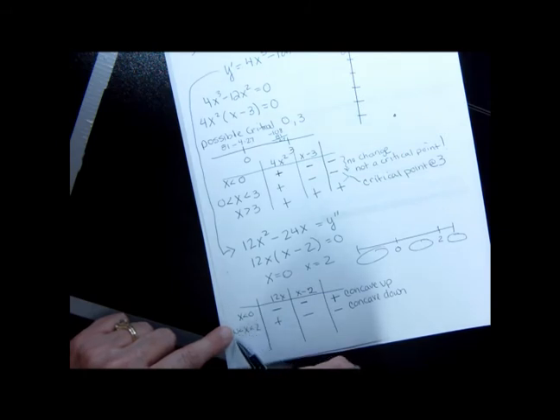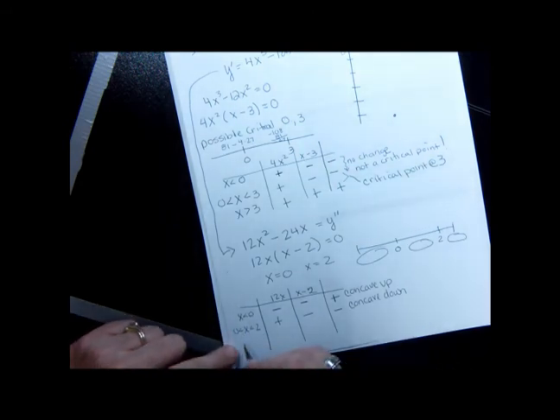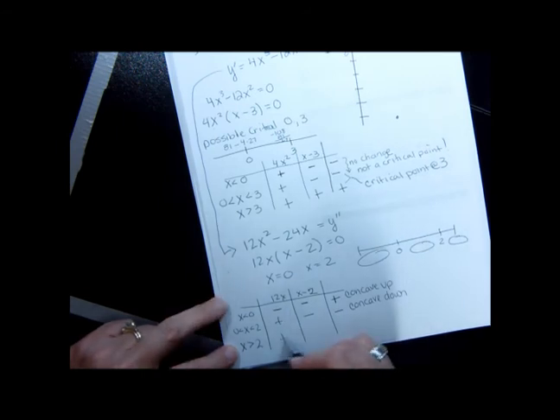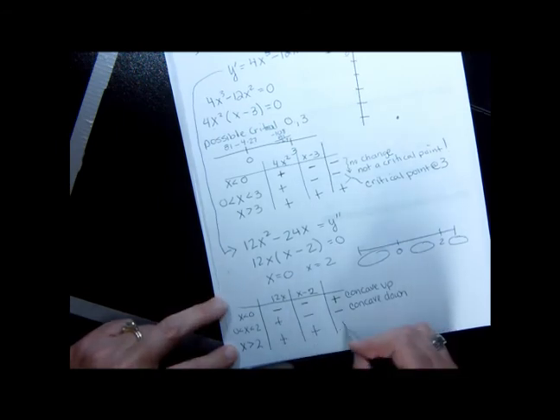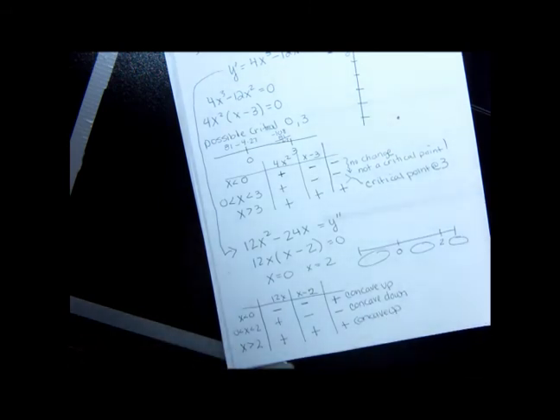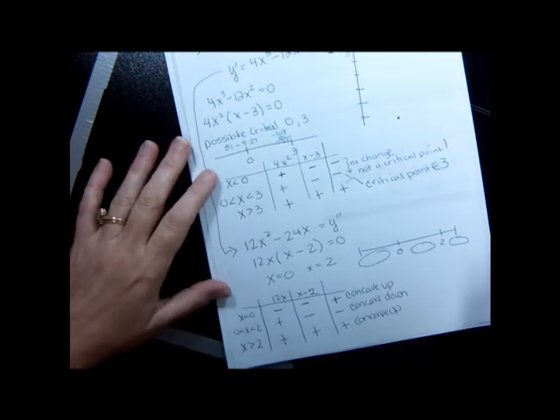It wasn't a critical point because it's an inflection point. Okay? Now let's try to go bigger than 2. Choose the value 3. I get a positive, which is positive. Once again, concave up. Okay, so this gives me some idea about what's going on.